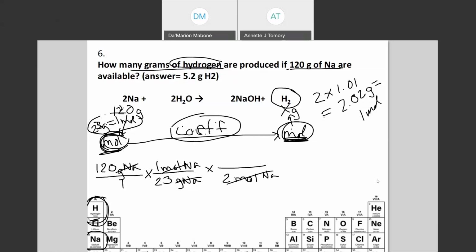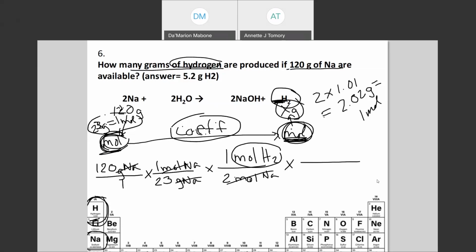2.02? That's the molar mass. We need to get to the moles first. I need to get the coefficients first. What's the coefficient of H2? Look on your screen, please. 1. There you go. 1 mole of H2. Very good. And we're going from moles of H2 to grams of H2. Whatever's on top has to be on the bottom of the next one, right?